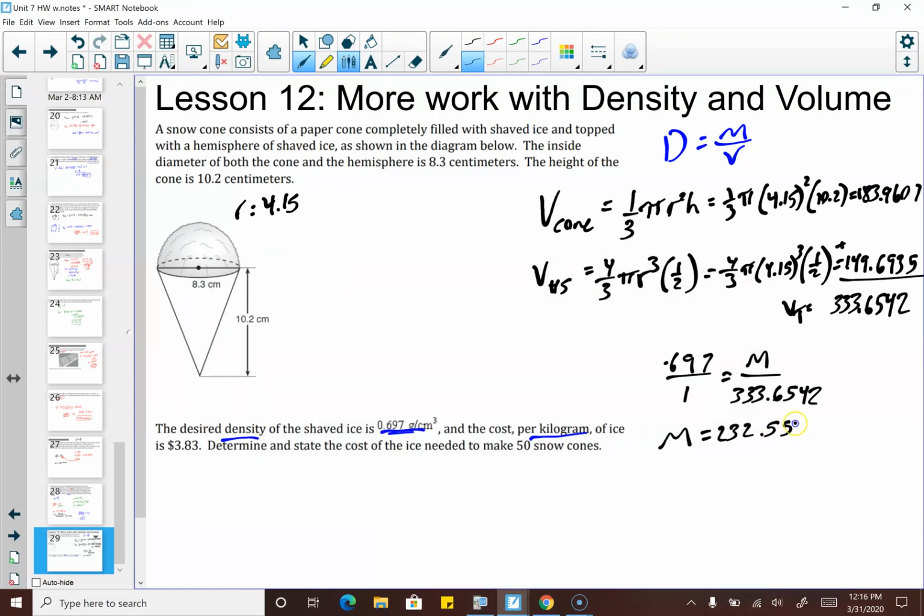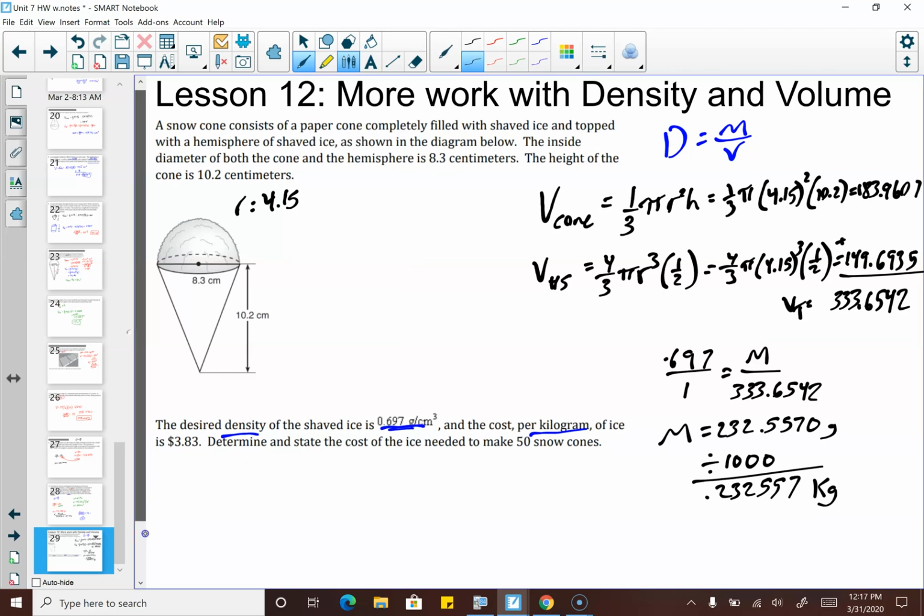Now remember, that's in grams, so we have to divide that by 1,000 to get ourselves into kilograms, which gives us 0.232557. By this point we can leave out that last 0, knowing that it's useless to us. So that is the weight in kilograms of one cone.